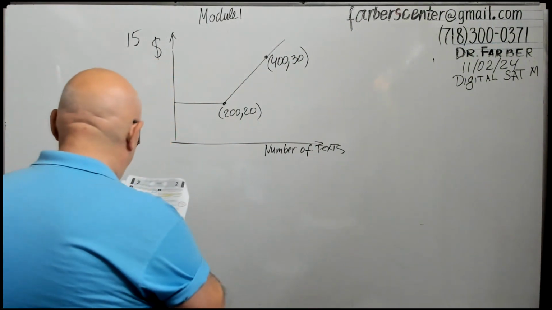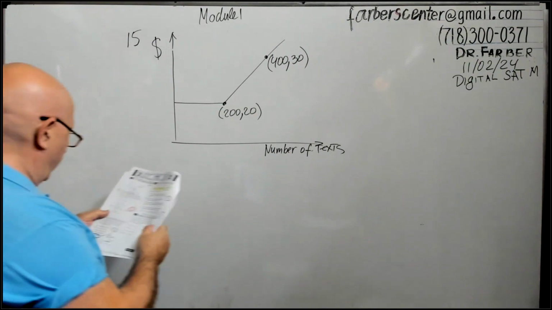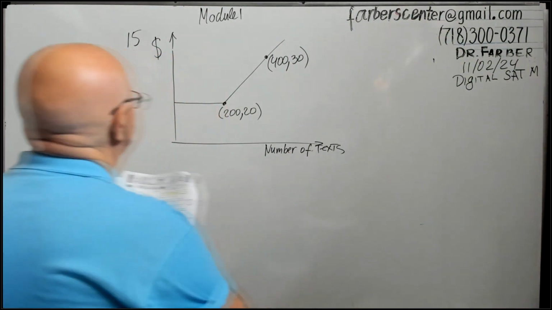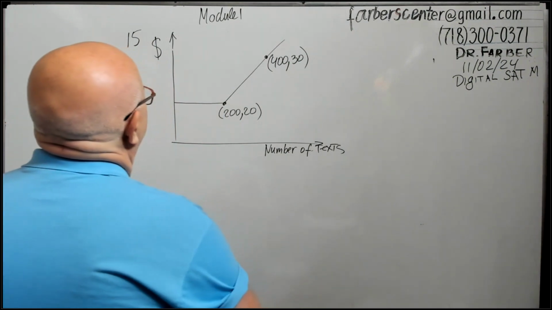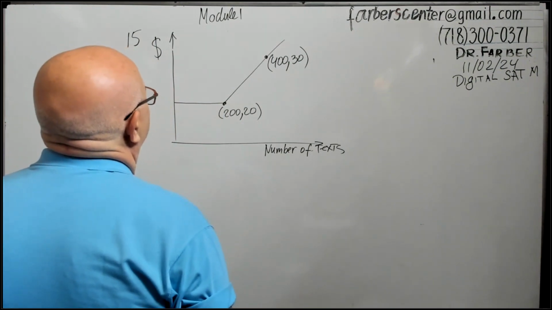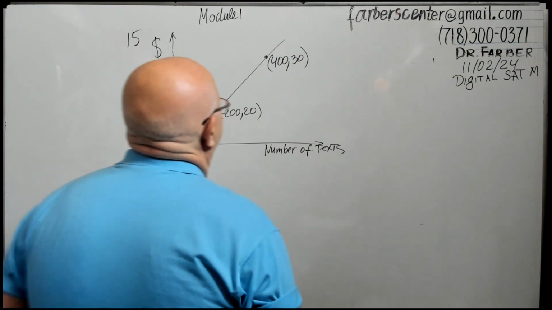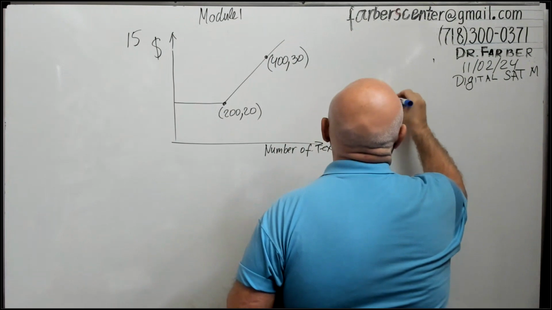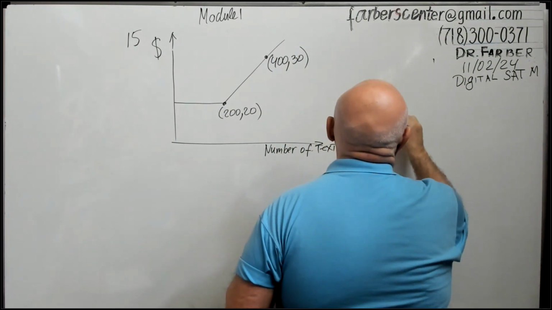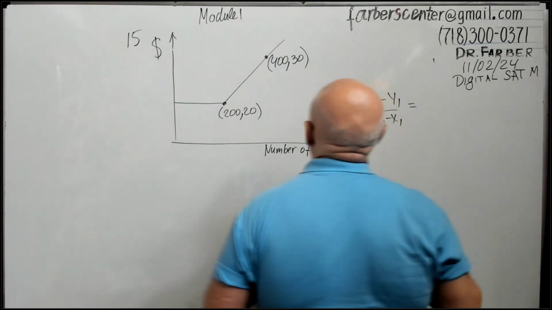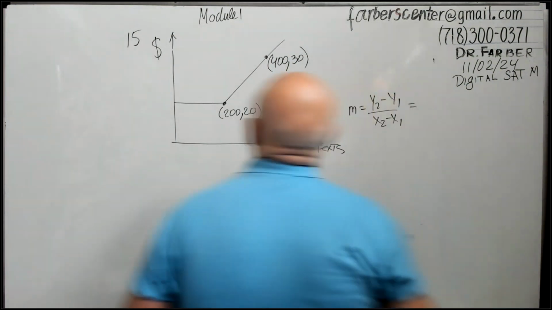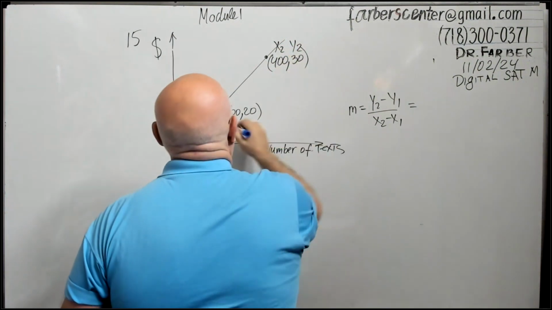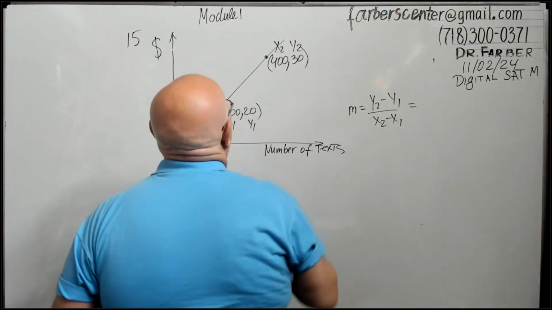And they give you all this stuff. Let me see the multiple choice, what we have here. First of all, before going to the multiple choice, let me find the slope of this function. The slope is y2 minus y1 divided by x2 minus x1. Since the multiple choices look very similar, let's say this is x2, y2, x1, y1.